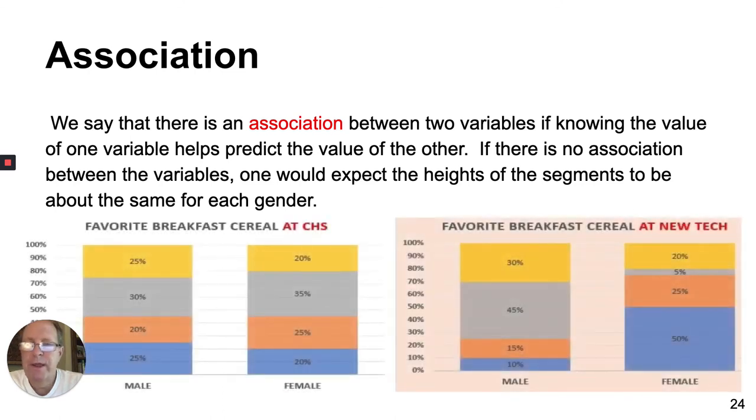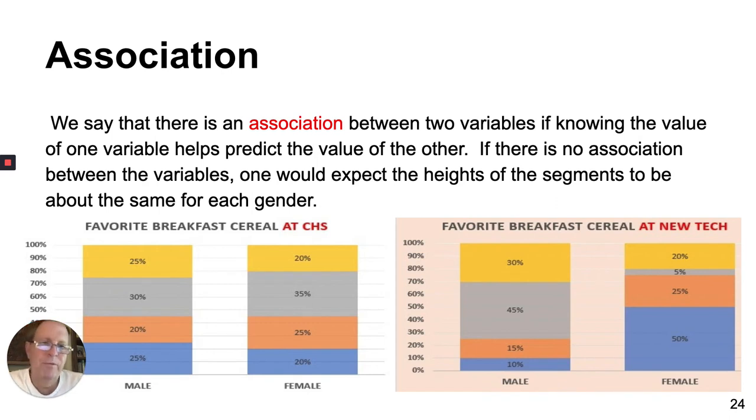So suppose that I asked a group of students at Capel High School what their favorite breakfast cereal is. And I categorized the students by male or female. For the male and for the female, I made stacked bar graphs, and the height of each of the boxes in this stacked bar graph represents the relative size of that cereal.